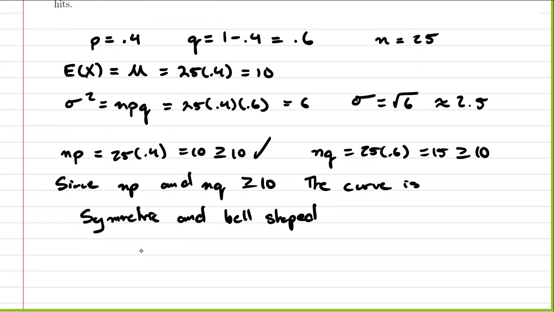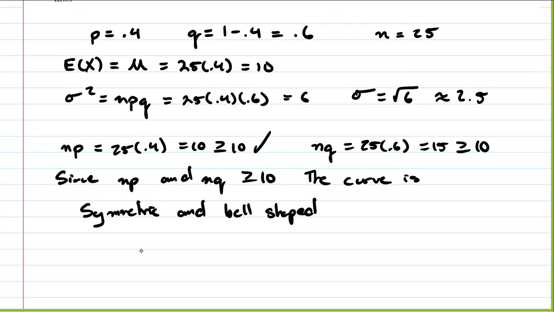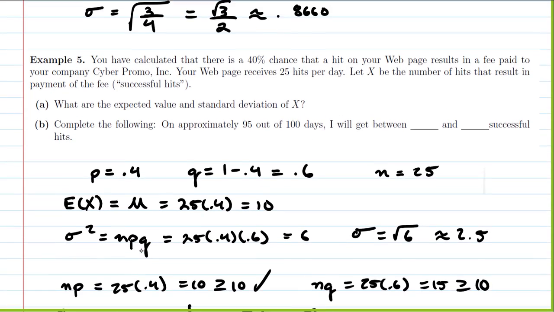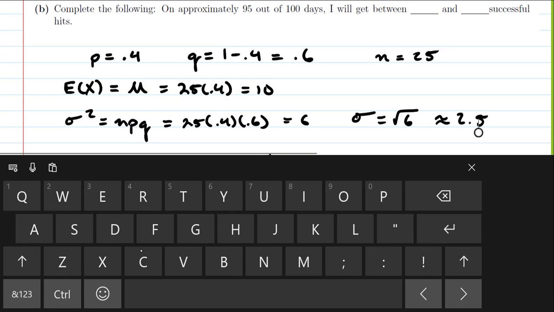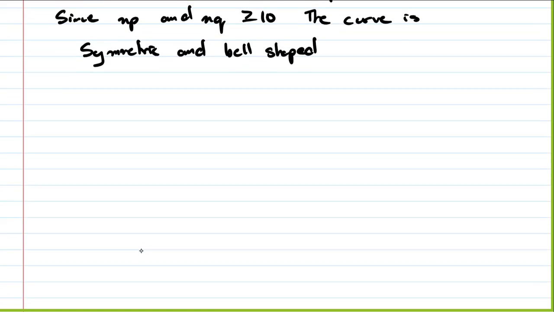So then our standard deviation is about 2.5. So then what is that going to tell us? So what's our expected value? Our expected value is 10, and our standard deviation is 2.5, right?